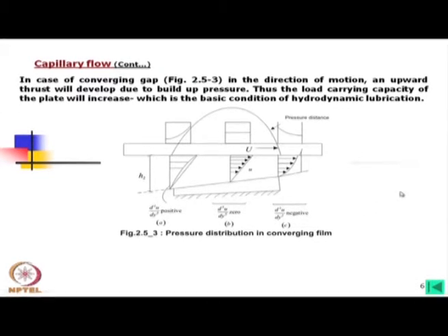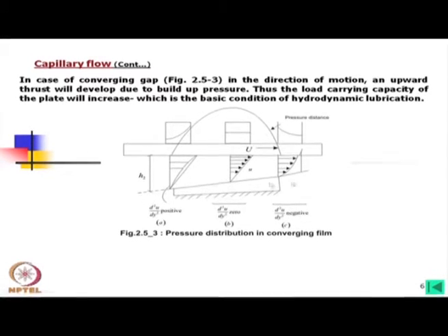Now, contrary to that, there is also hydrostatic lubrication, and in many fluid power components there are hydrostatic lubrications. These are done by creating a hydrostatic pressure from an external source.